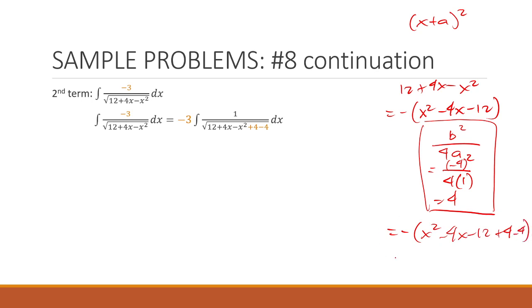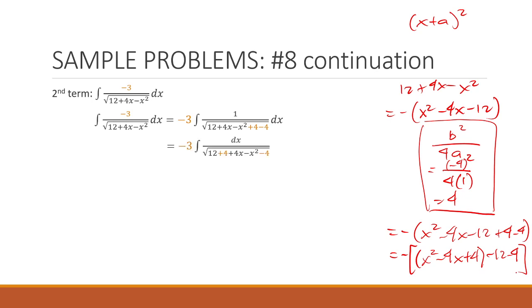Okay, and then we group together x squared, negative 4x, and positive 4, because these three terms will form a perfect square trinomial. Tama. And then the remaining constants we have here, negative 12 minus 4, which is negative 16.